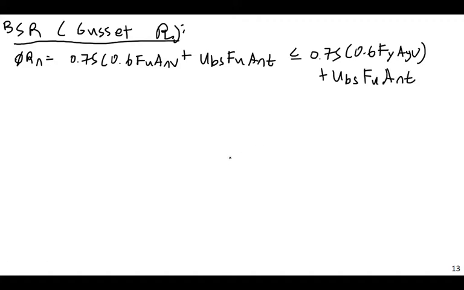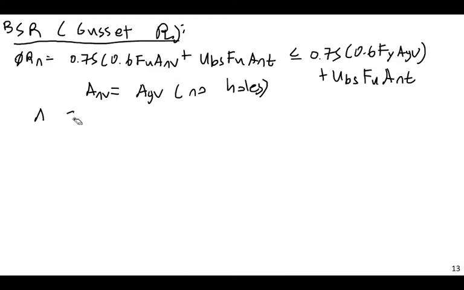Okay, and this should all be fairly familiar. ANV, the net shear area, is equal to just the gross area because there are no holes.